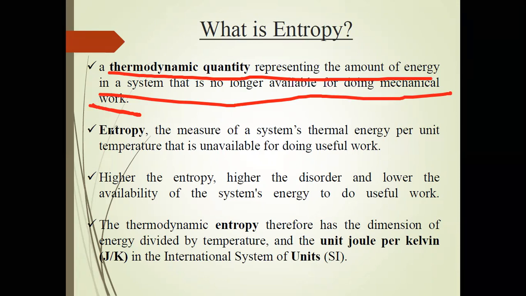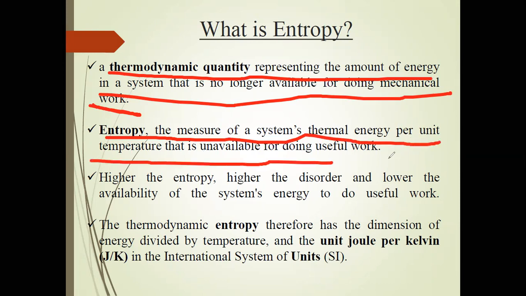And another line, a very interesting one, that is very confusing for students: the entropy is the measure of the system's thermal energy per unit temperature that is unavailable for doing useful work. That means per unit temperature increase, you have to give that amount of heat, but it is not available for doing useful work or mechanical work.